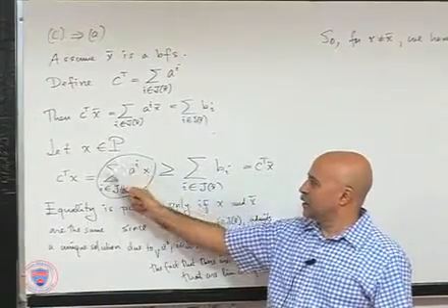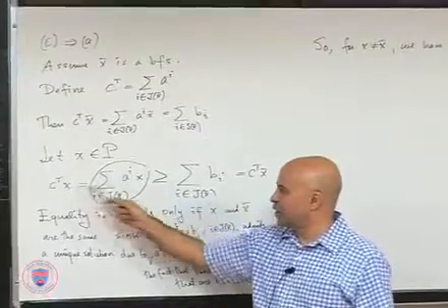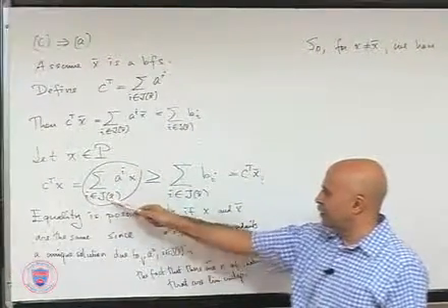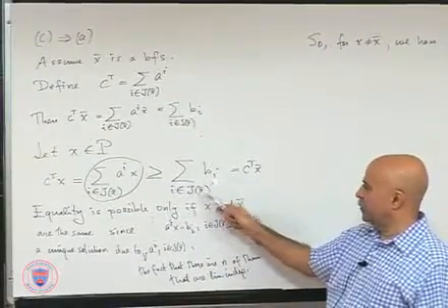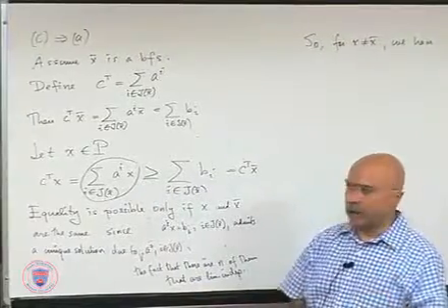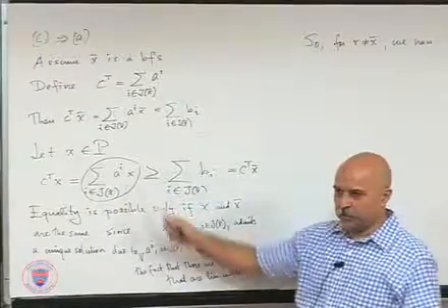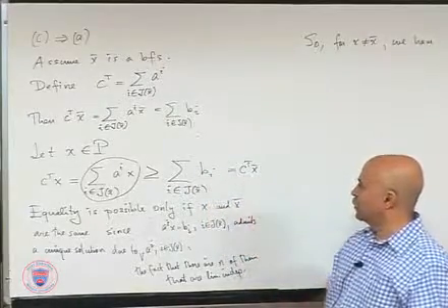X is in the polyhedral set, so C transpose X, which is by definition the summation of the AI's here, will be greater than or equal to the sum of the BI's, because each AI X is greater than or equal to BI, term by term. Okay? That's why you've got this, which we know is equal to that.